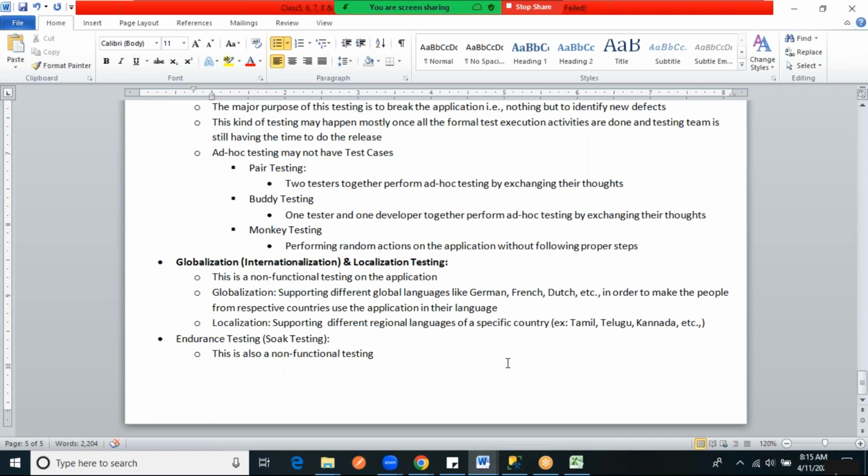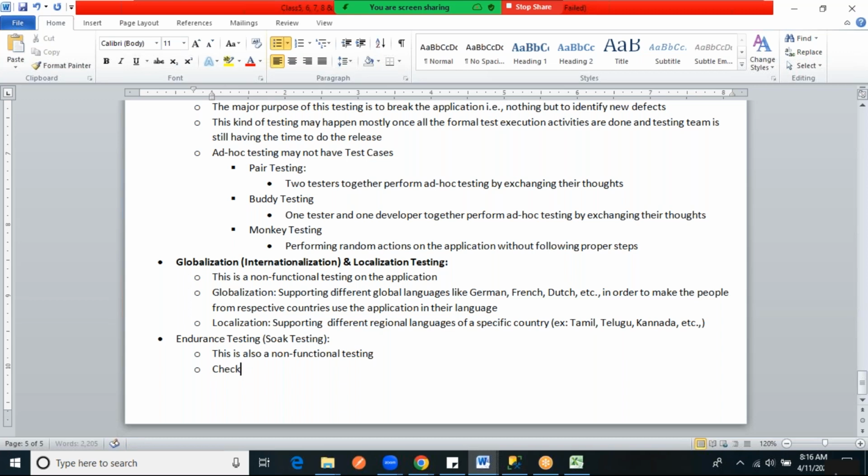In a similar way, this is also about load, but earlier you might have tested for a certain period. This one is about how long the application can sustain that much load. You will keep that extreme level of load for a longer duration. Sustainability is what you are going to check in endurance testing.